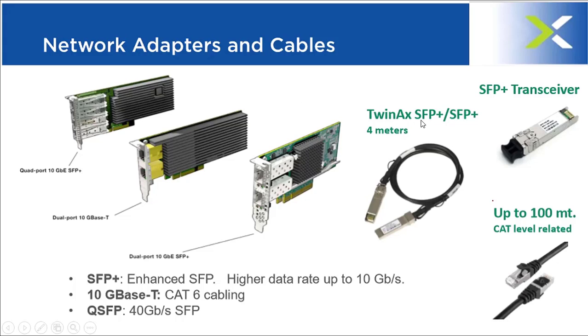Then we have the twinax SFP+ cable, 4 meters, which comes with the hardware, the cable that connects this SFP+ network adapter with a switch that supports SFP+ cable. This is an example of an SFP+ transceiver. This is the transceiver of the SFP technology, and this is the Ethernet cable, the classical one, RJ45. So these are the different hardware we have in a node, the important hardware for networking to connect the node with the network.